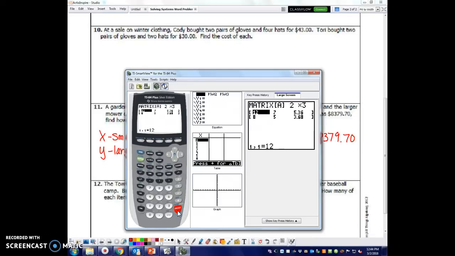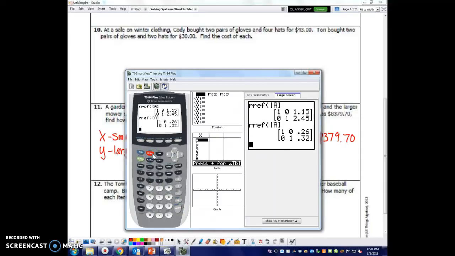And yes, you can still use large numbers. So first we had 1 plus 1 equals 30. Okay, so 1x plus 1y equals 30. Now we have 249.99x plus 329.99y equals 8379.70, right?